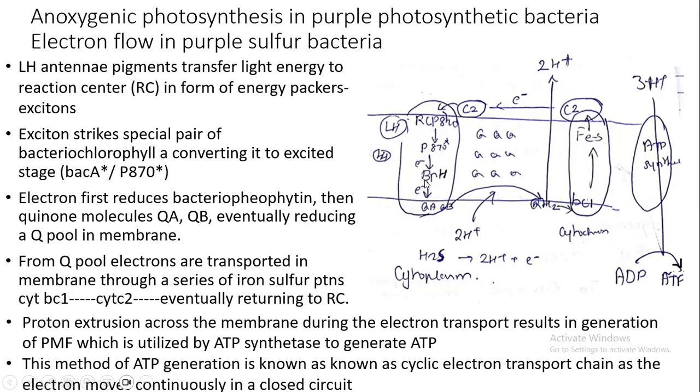The electron is first accepted by a bacteriopheophytin molecule, then it is transferred to quinones, quinone A and B, and eventually transferred to the quinone pool. The quinone pool will accept protons, or H plus ions, from the cytosol and will get completely reduced to QH2 in the process.